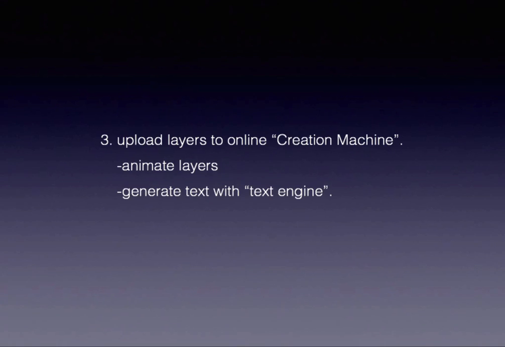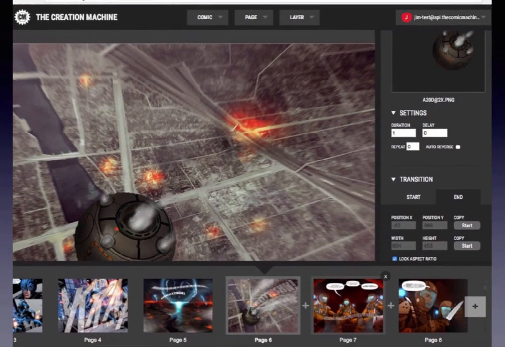So number 3, once you have all these layers sitting on your desktop, you upload all those layers into the creation machine, which is the animation section of the Comic Machine platform, where you can animate the layers and also generate the text that goes with it. This is the creation machine that will be on the website and on the apps.